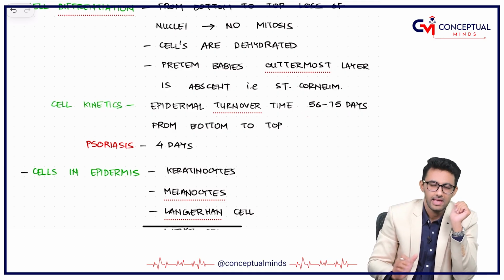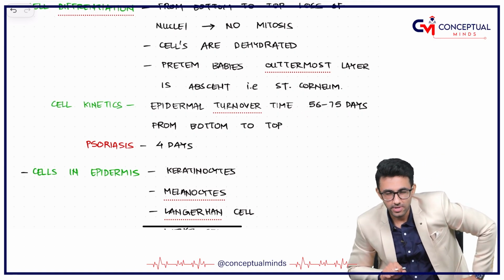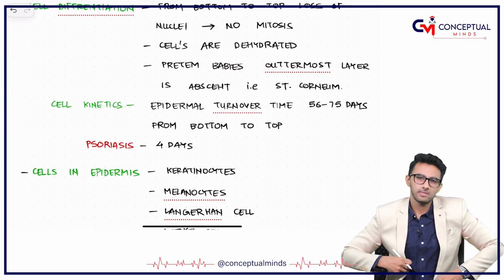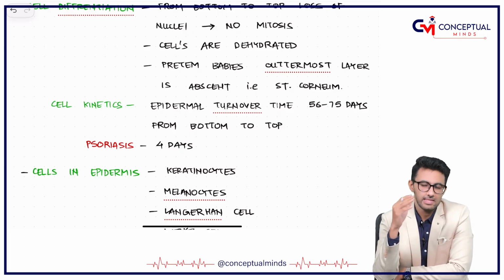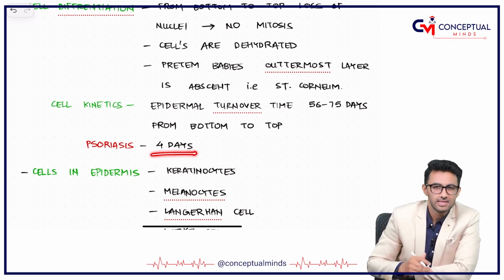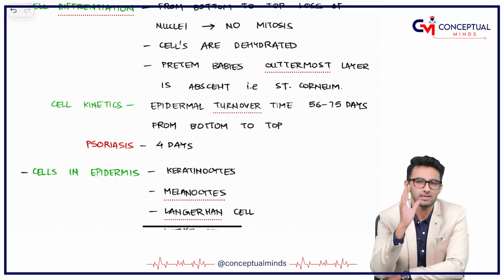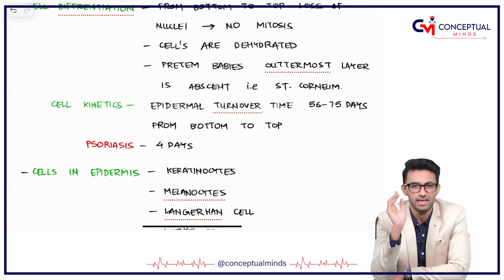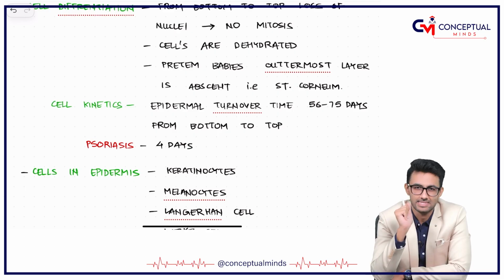But in psoriasis, let me introduce a new word here. In psoriasis, there is hyperproliferation of cells, and the epidermal turnover rate increases so drastically. It's just 4 days. Just imagine the skin reaching from the very bottom to the top. Do you think there will be nuclei or not in the stratum corneum? Yes.